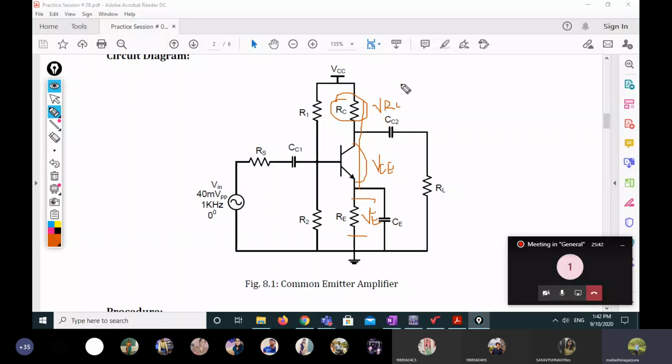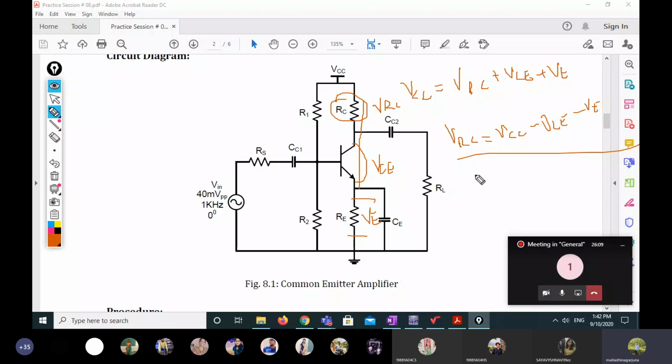Okay, so from this I can write VCC equal to VRC plus VCE plus VE. This is the KVL. VCC equal to VRC plus VCE plus VE. So from this VRC equal to VCC minus VCE minus VE. So this is the VRC value I can write.